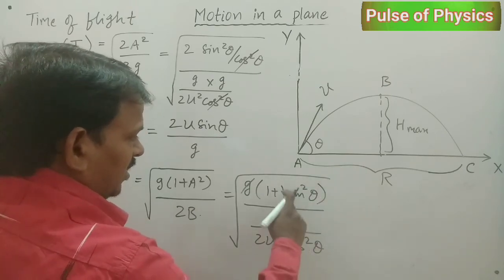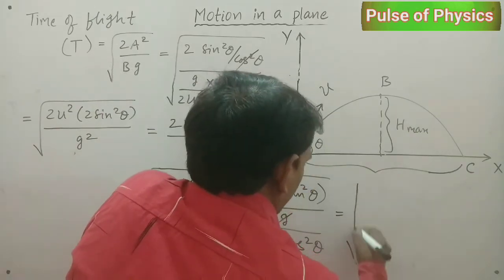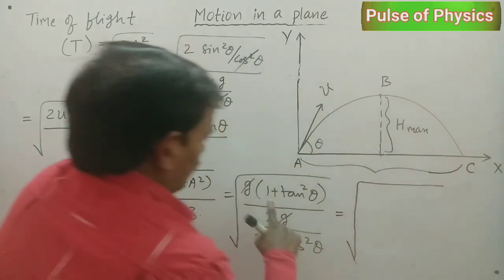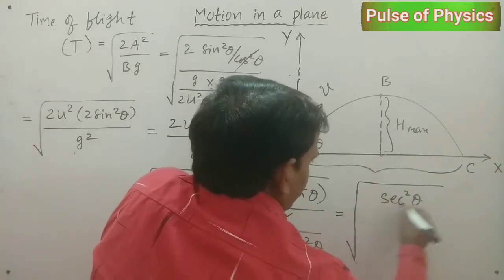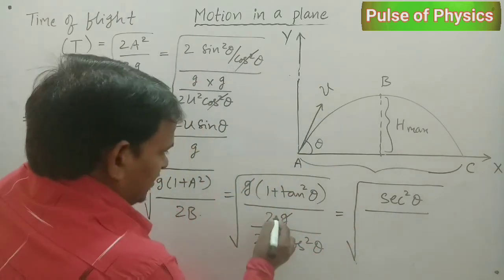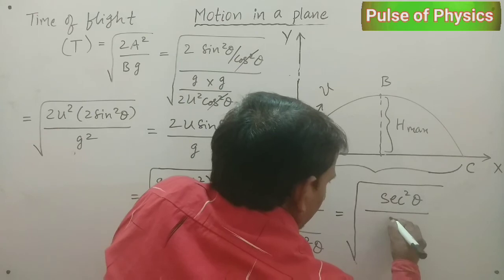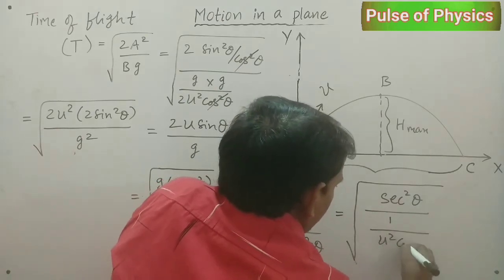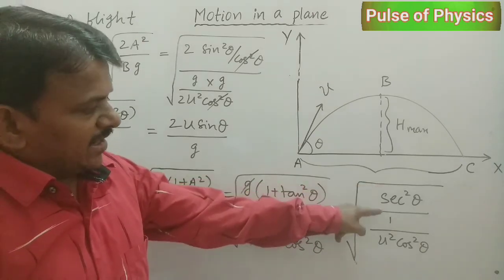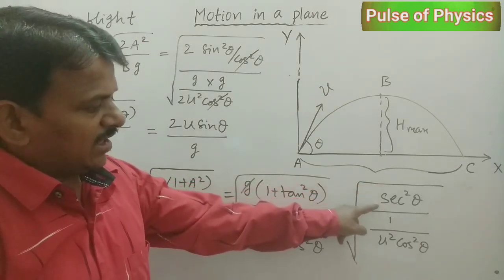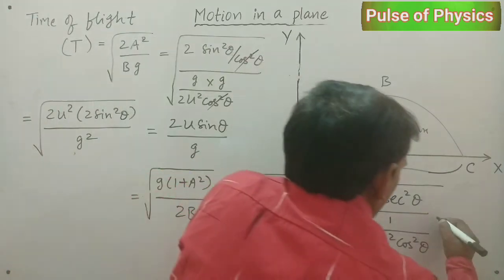Then what it becomes, you see that: root over 1 plus tan square theta, secant square theta, by this 2 gets cancelled. It is 1 by u square cos square theta. Now this we can write as 1 by cos square theta. Cos square theta cancels. This will go to numerator.